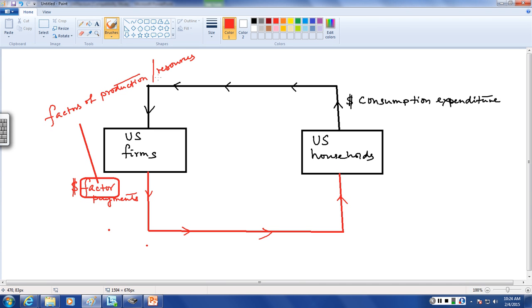We began this course by talking about scarcity, correct? Right? And when we were talking about scarcity, we mentioned that economists like to classify all resources into 4 types.